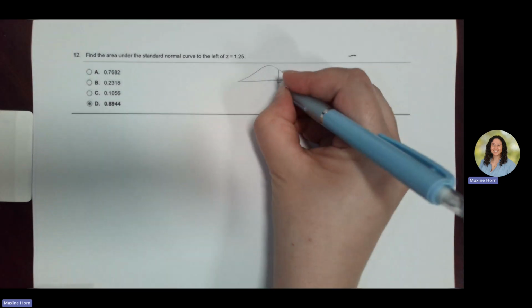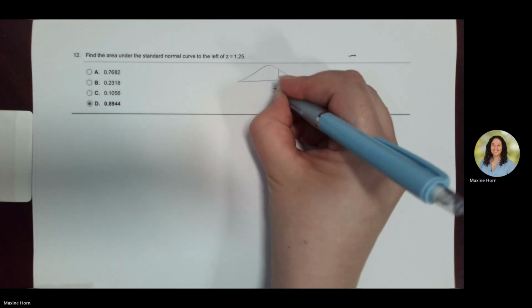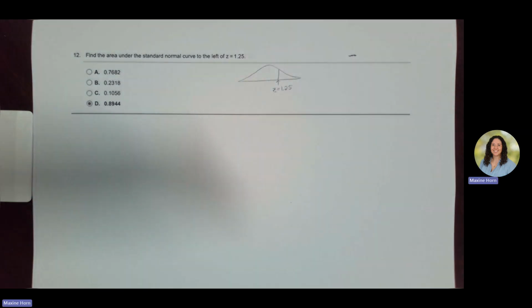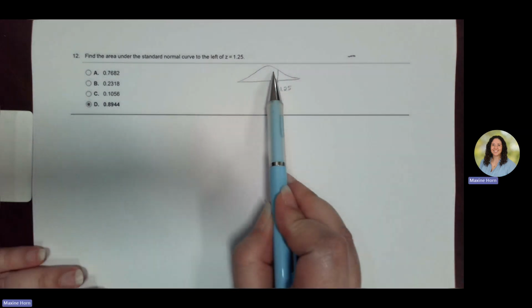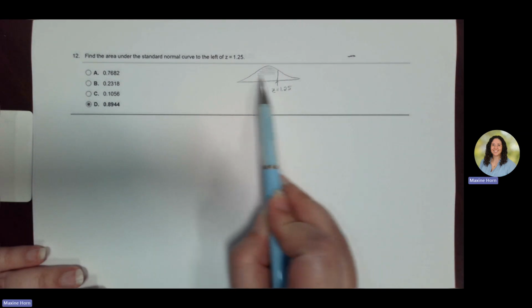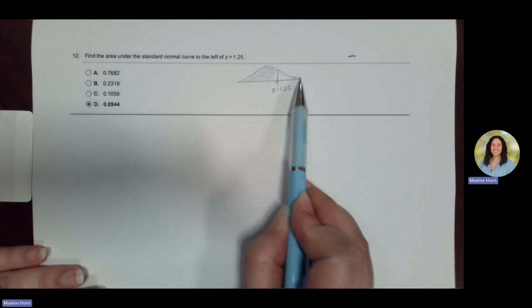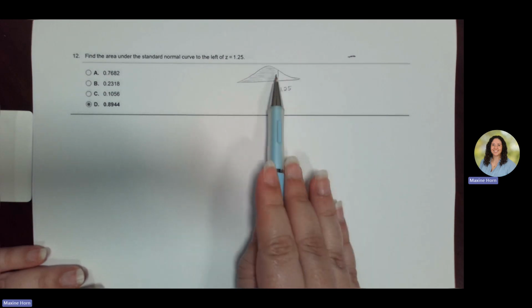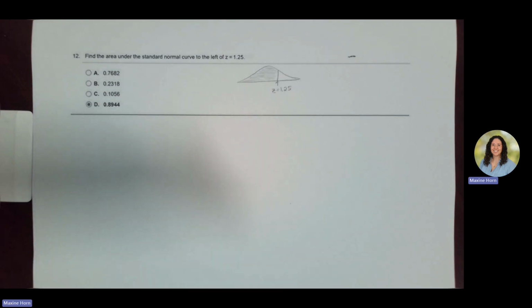They want the area under the curve to the left, so they want this area. Remember that the area under the whole curve is 1. They want the area to the left of that.